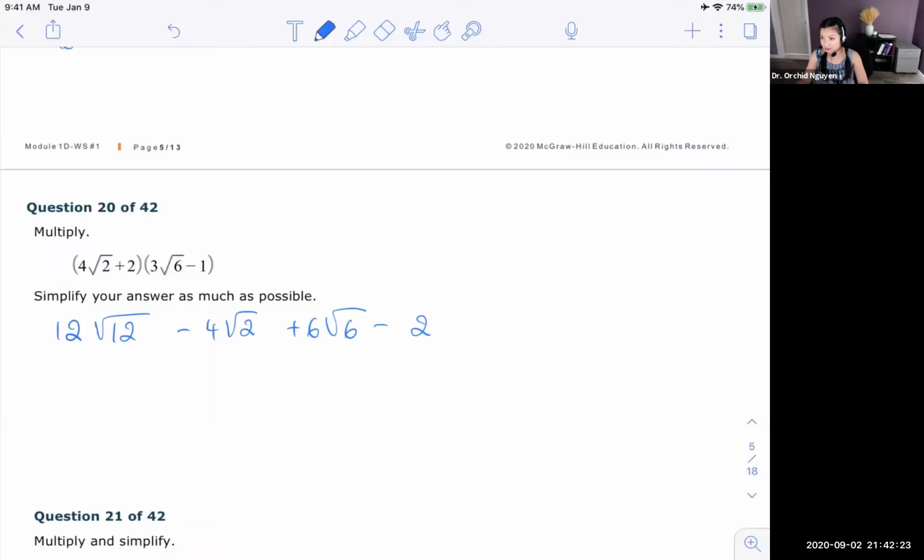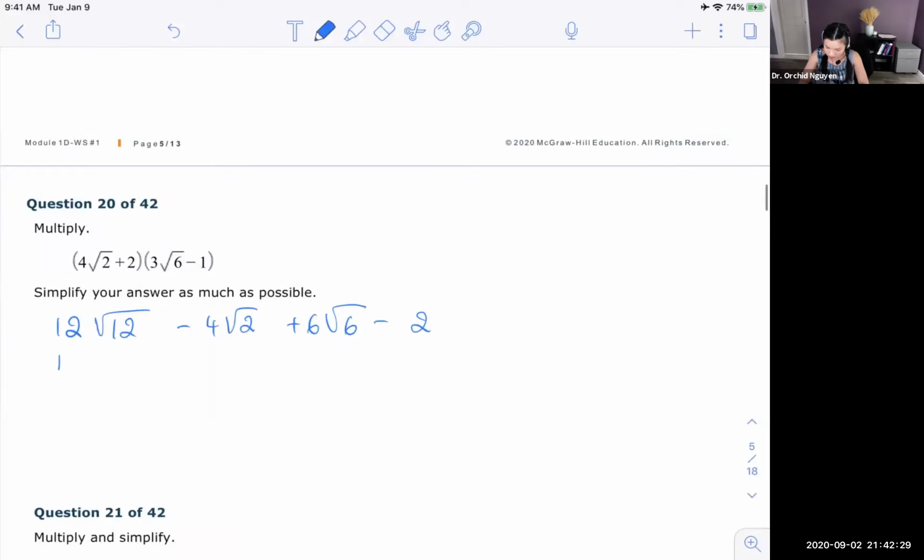Let's simplify. So what I have right here is 12, 4 times 3. Okay. So if I take it out, it's going to be 2. 2 times 12 is 24.